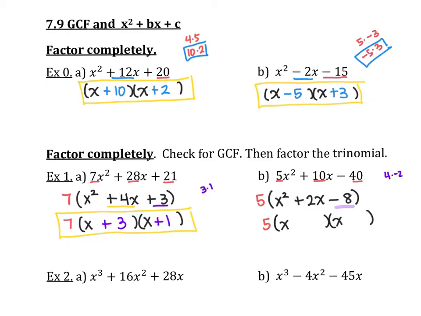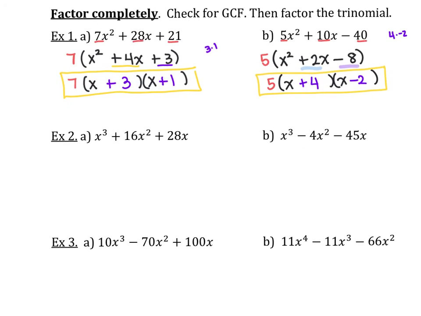What does it have to add up to? It's supposed to add up to positive 2. So 4 times negative 2 is negative 8. 4 plus negative 2 is 2, actually. So it's a positive 4 and a negative 2. The order doesn't matter as long as you have the correct signs with the correct number. That's completely factored. That's the best I can do.